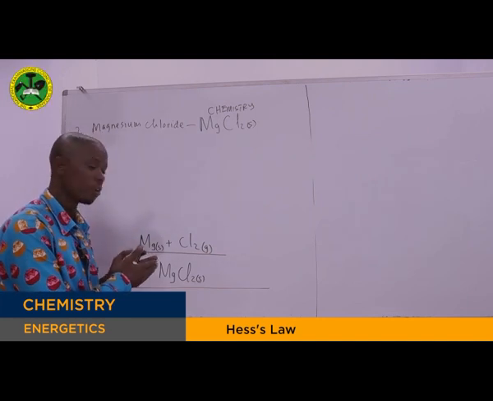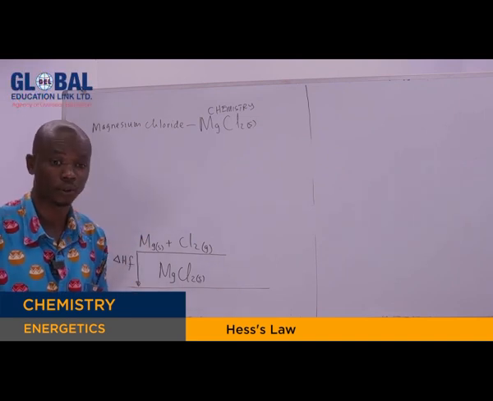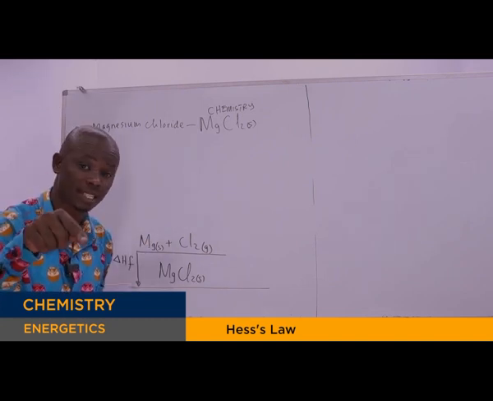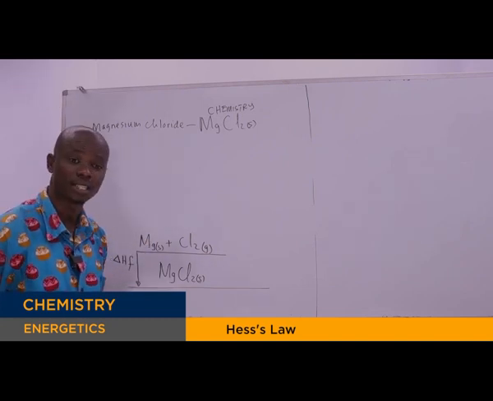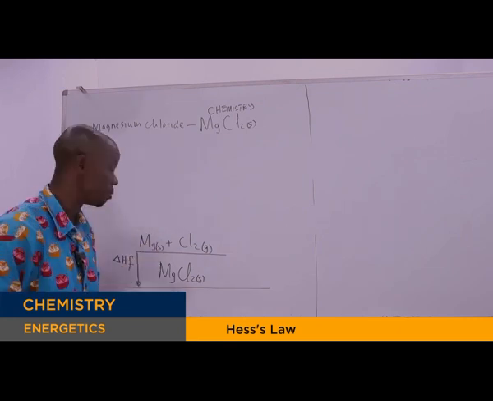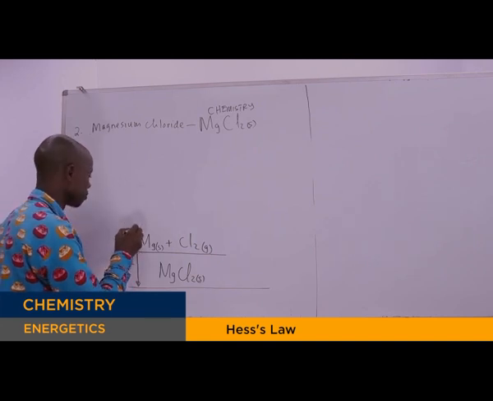For example, when you want to get the cation, magnesium, first you have to convert it from solid state into gaseous state for it to lose electrons easily. The conversion of solid into gas is sublimation. We start with magnesium.